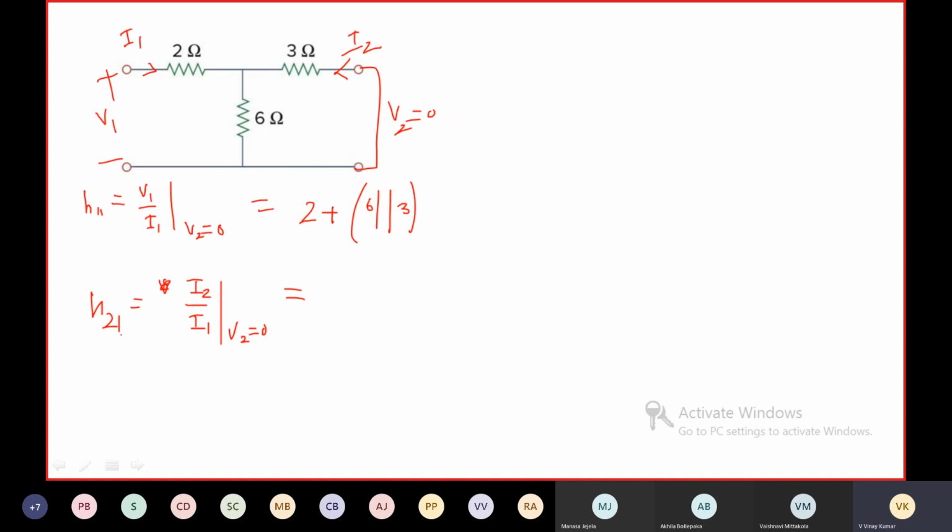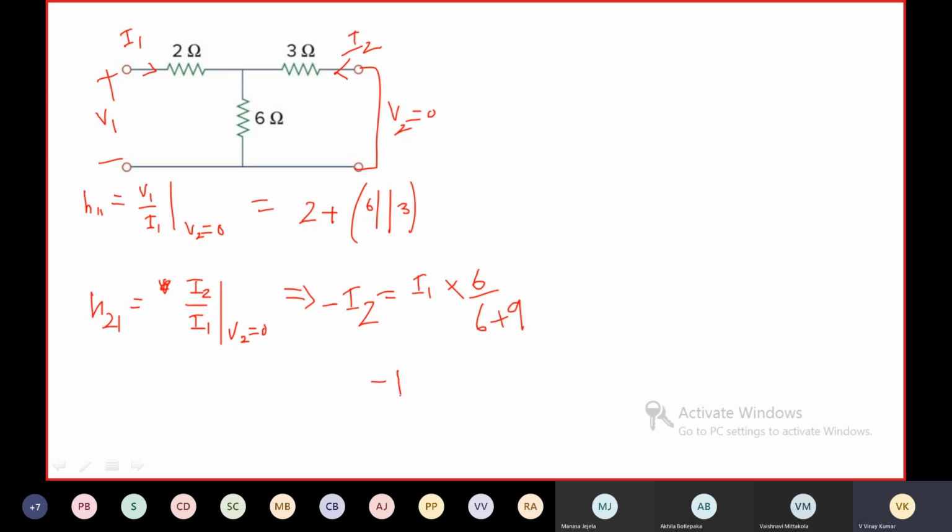Coming to H21, it is the ratio of I2 to I1. So find I2 in terms of I1. Taking the current in this direction, minus I2 is equal to the total current I1 into the opposite resistance 6 by the total resistance 6 plus 9.